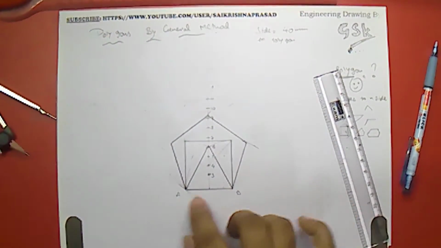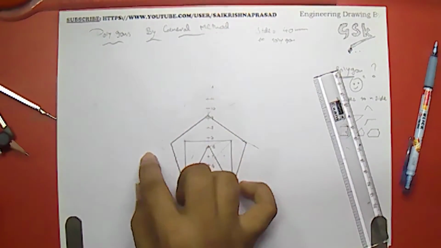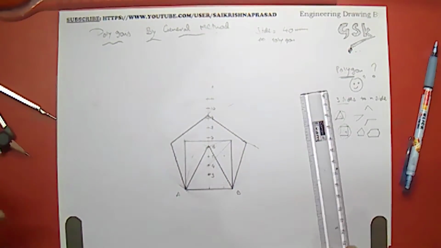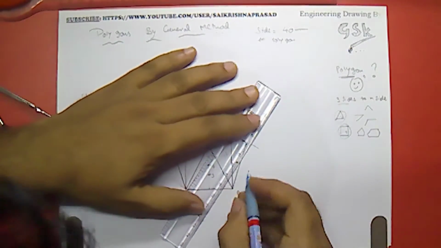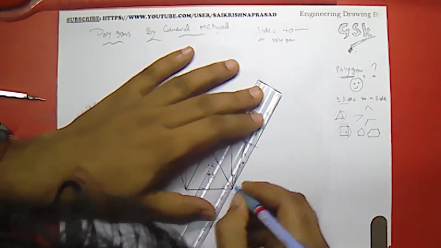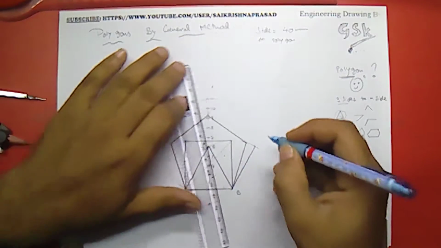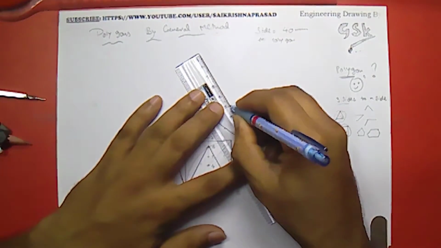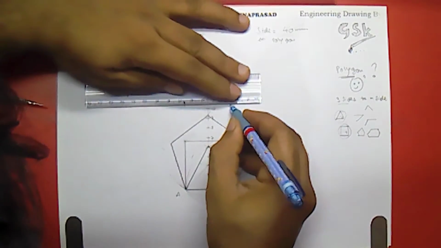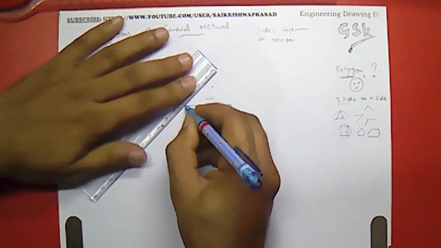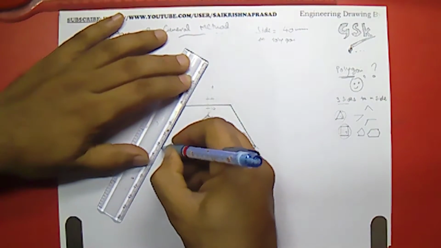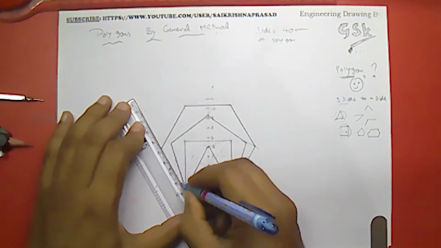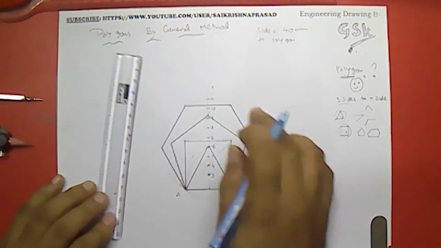So you got all 6 corners, 1, 2, 3, 4, 5, 6. Now join these points: A, B, C, D, E, F and again closing to A. So this is a hexagon.